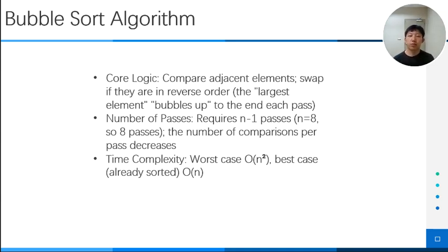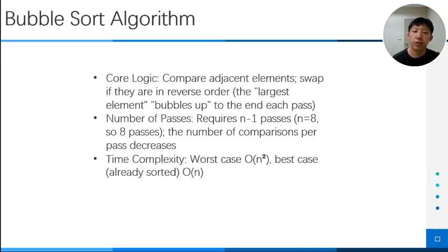This page summarizes key points about bubble sort. It includes the idea to compare two adjacent numbers and swap them if they are in the wrong order. Each pass moves the largest number to the end, like a bubble rising.